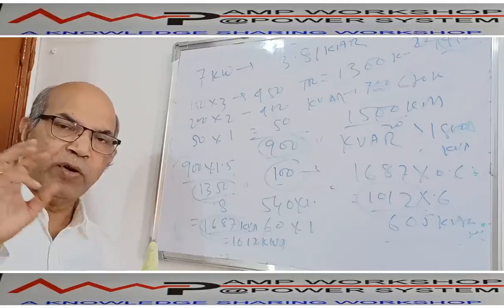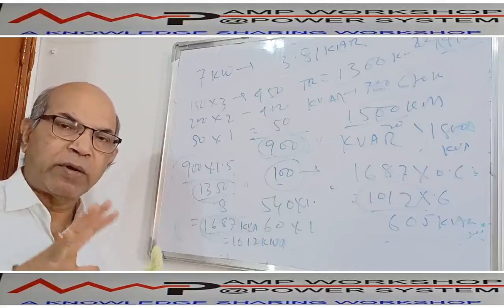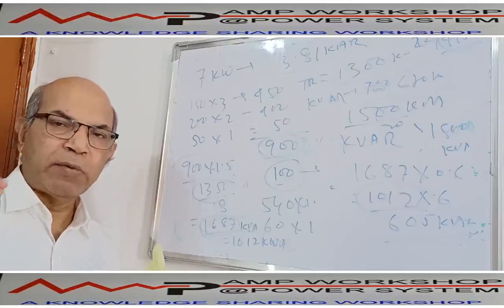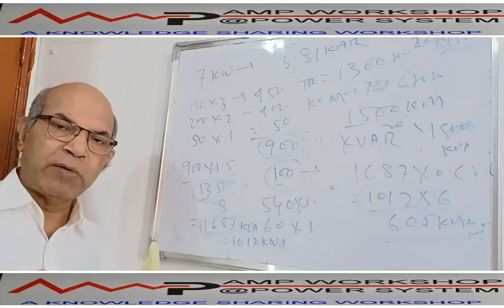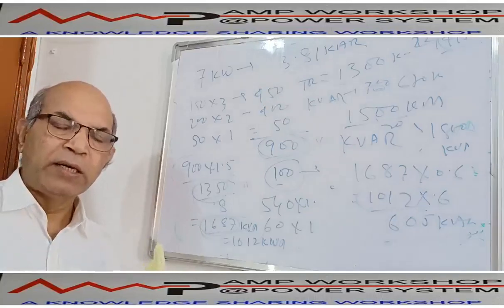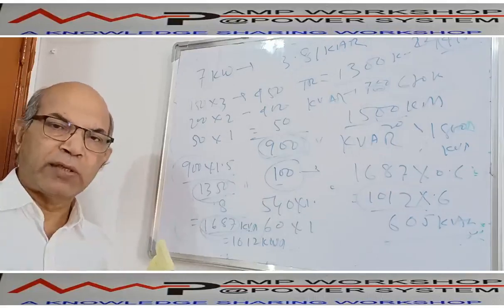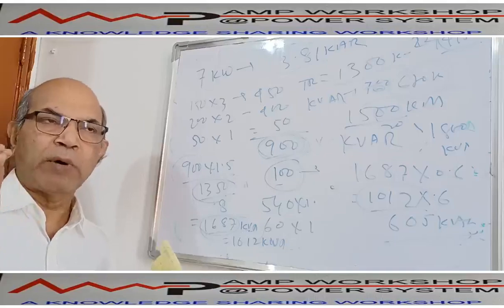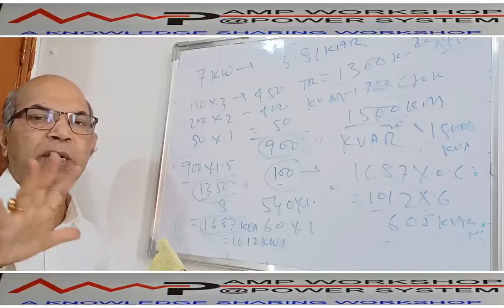First, for each apartment or each house, how much connected load, using demand factor, we have to calculate each subsystem's maximum demand. So each subsystem maximum demand or running load is decided, then summing all the subsystems and using diversity factor, we can calculate for a particular house or apartment how much maximum demand is coming.